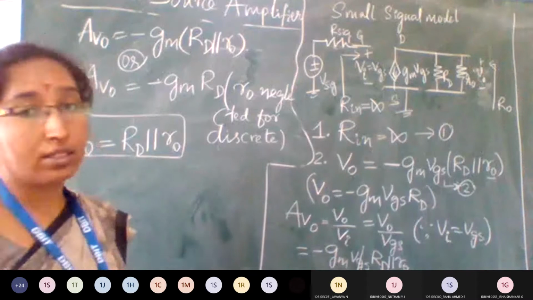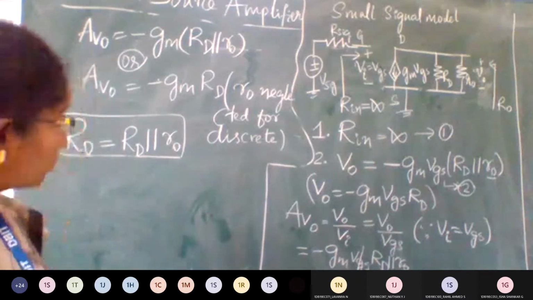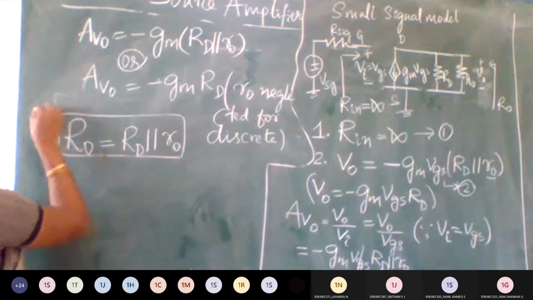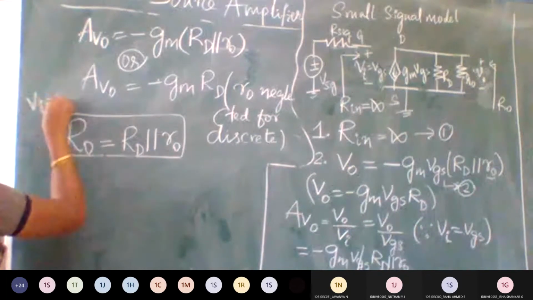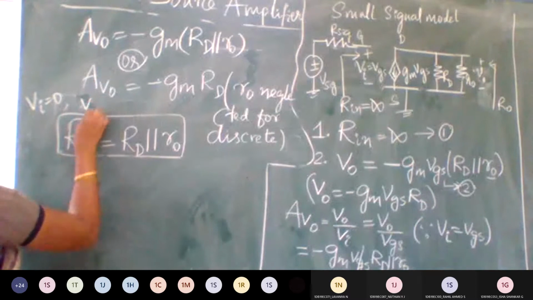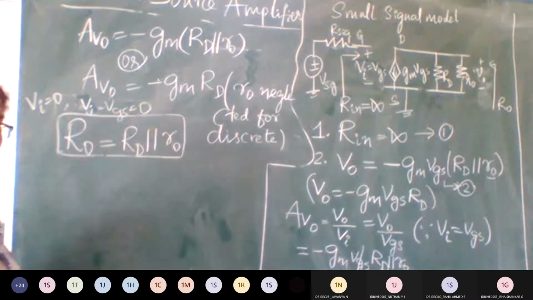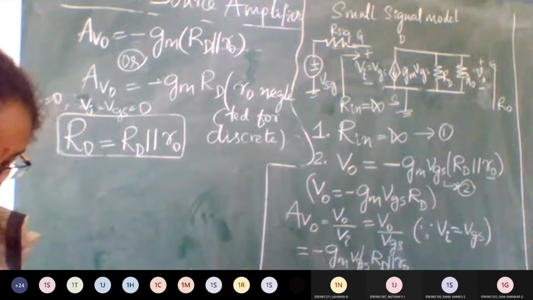Yes. Is this clear? So now, just make a note of it, Vi is 0. Obviously, Vi is equal to VGS. That is also equal to 0. To find the output resistance.